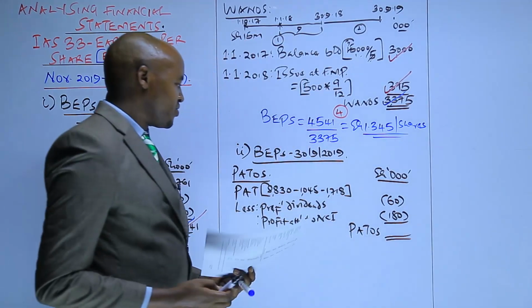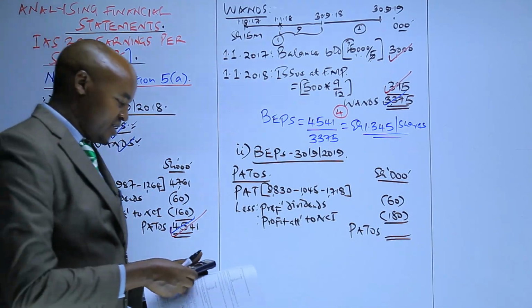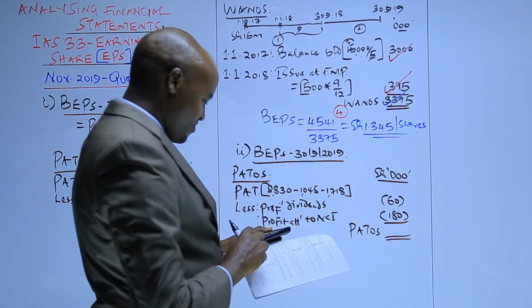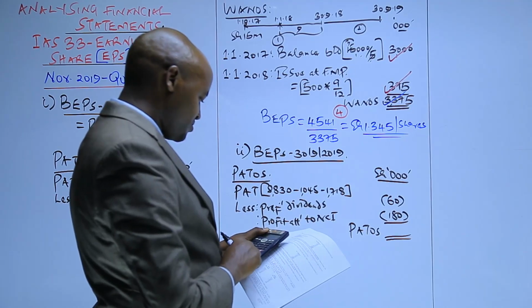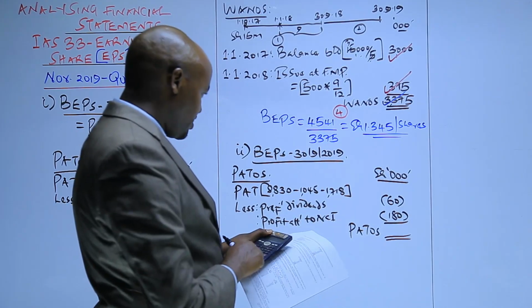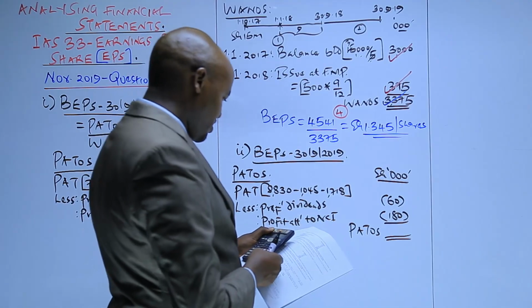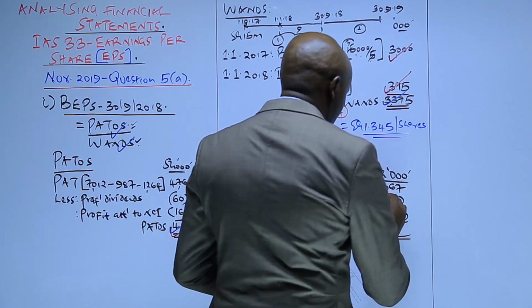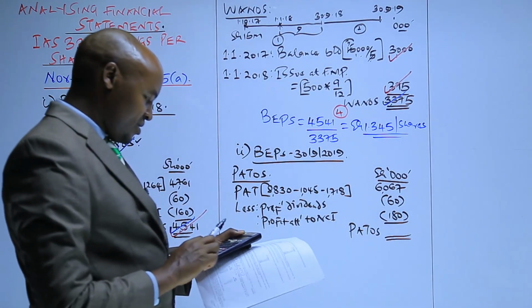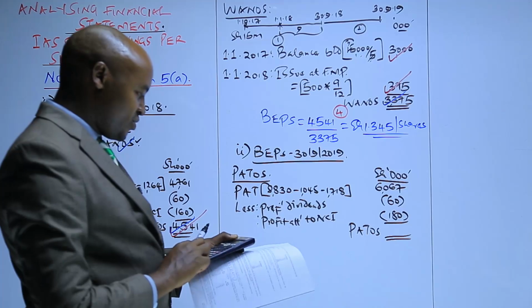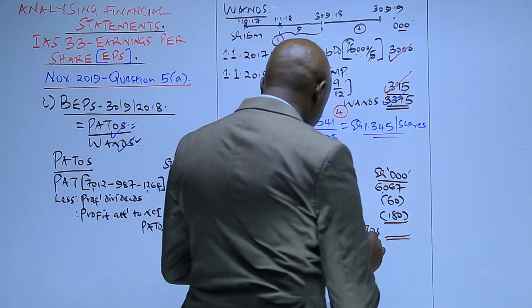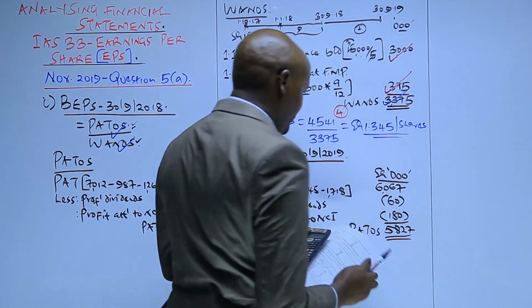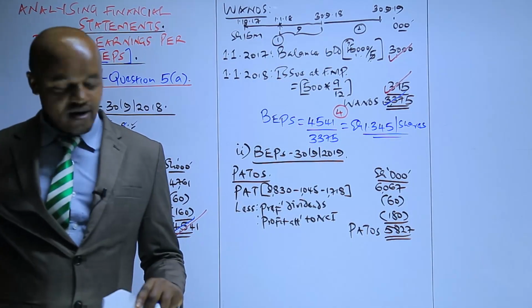So let's first of all work out the profit after tax, which will be 8830 minus 1045 minus 1718, which will give us 6067, and then to that we less 60 preference dividends and 180 profit attributable to NCI, which will give us 5827. So in our case we already have now the PATOS.